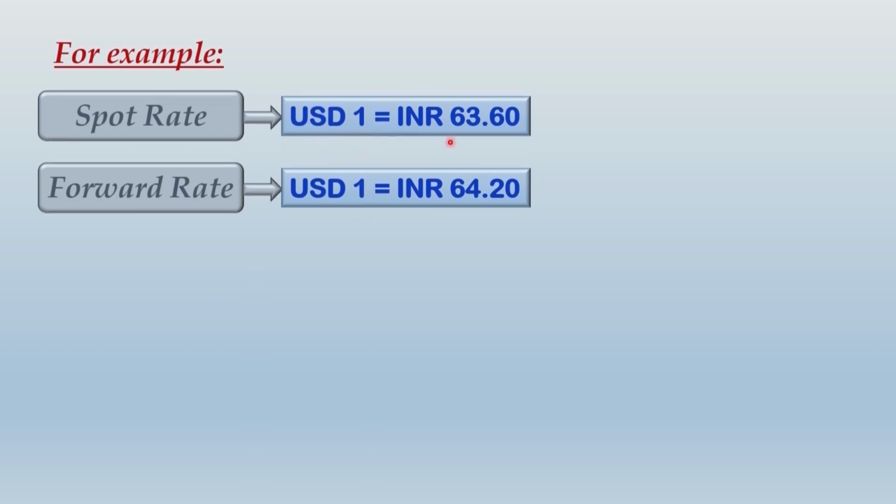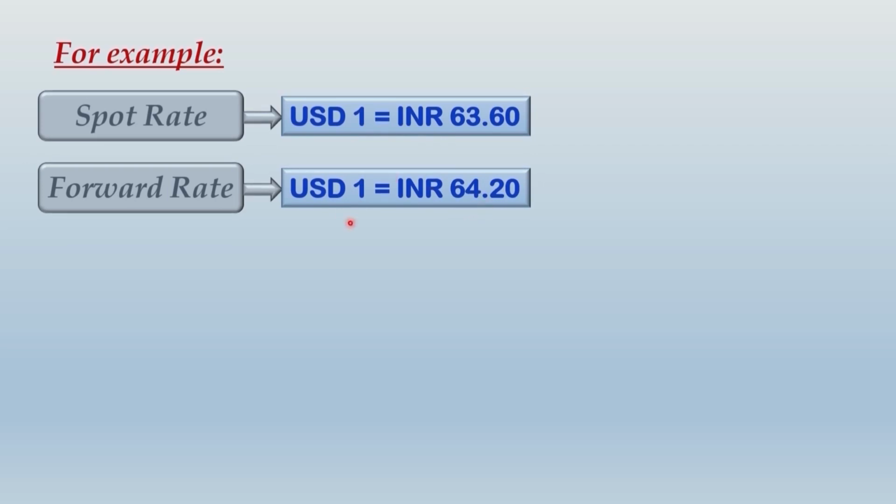In such a case, dollar's price is INR 63.60 at the spot and INR 64.20 as a forward rate. What do we find? The price of dollar in the forward rate is higher than the spot rate. In that case, the quoted currency, that is US dollar, will be considered to appreciate, and the other currency, Indian rupee, is considered to depreciate.